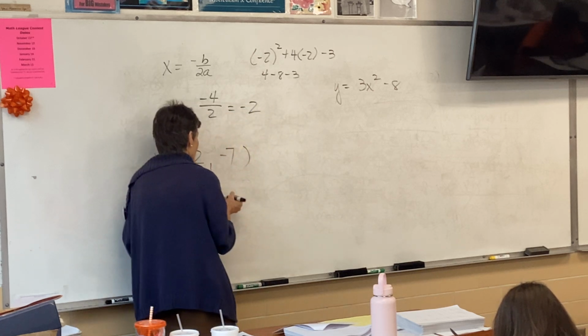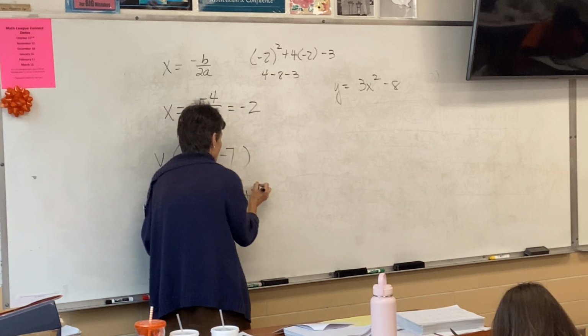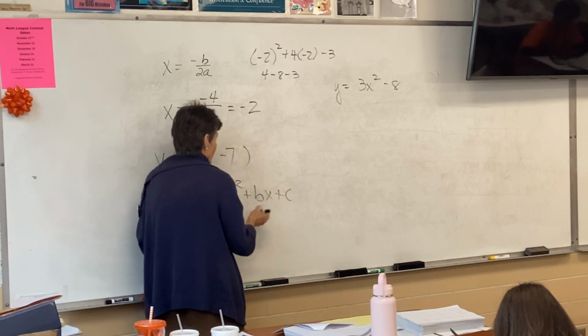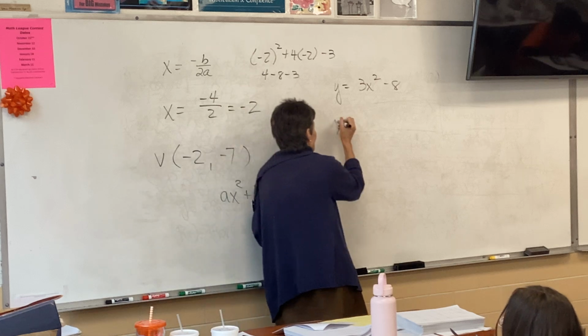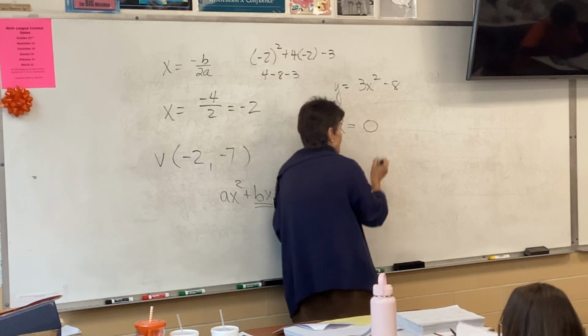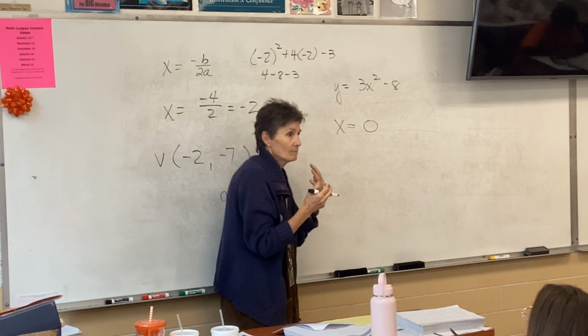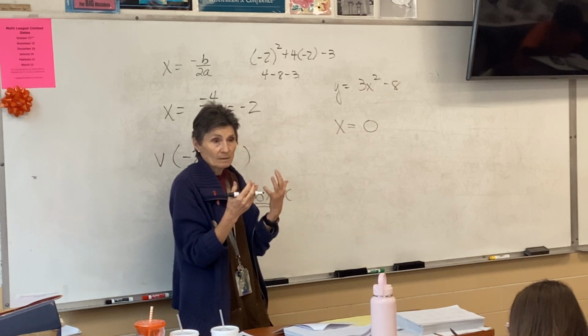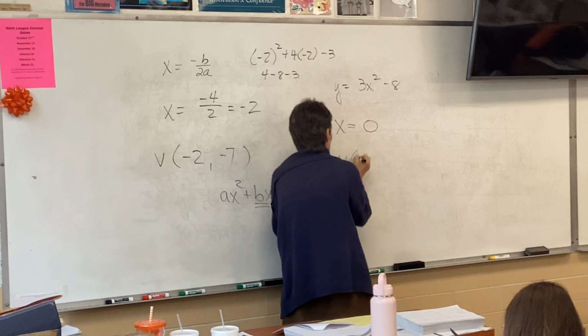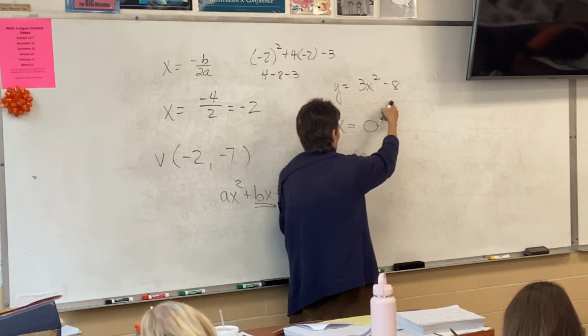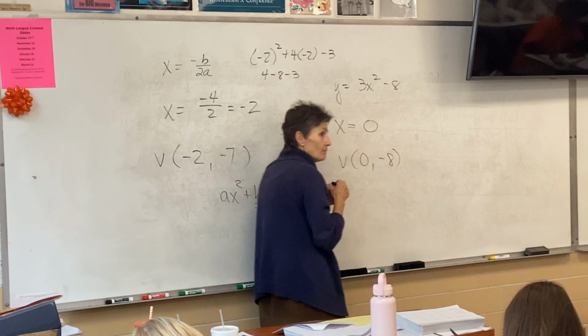So when you look at an equation, it's AX squared plus BX plus C. There's no B. So when you do negative B over 2A, isn't that just gonna be 0? Because B is 0. So your vertex is 0, comma, negative 8.